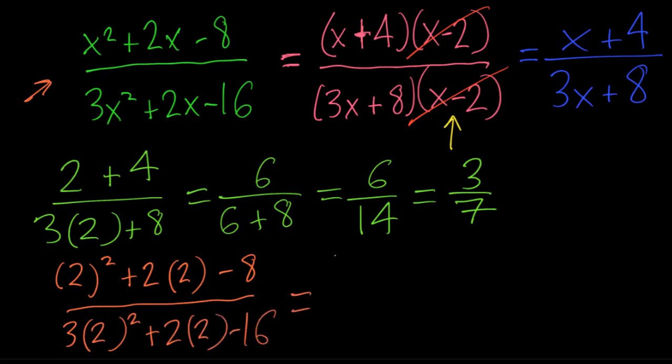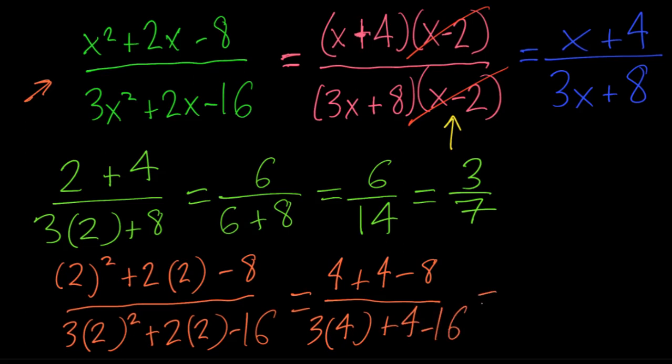If we tidy that up a bit more, we'll get 4 plus 4 minus 8 over 3 times 4 plus 4 minus 16. In that case, we'll get 8 minus 8 over 16 minus 16, which is equal to 0 over 0.